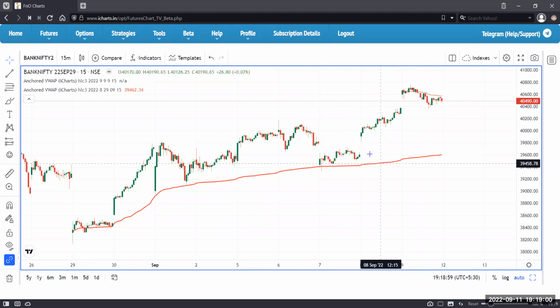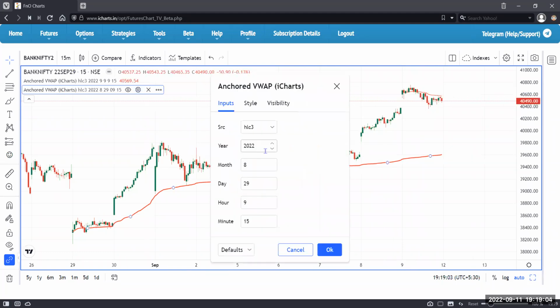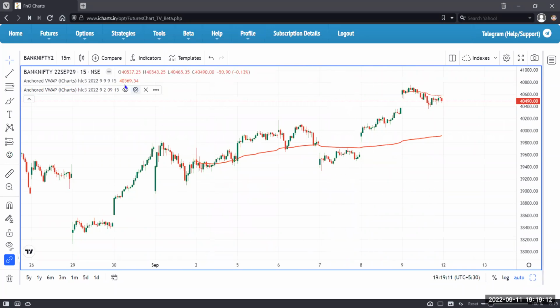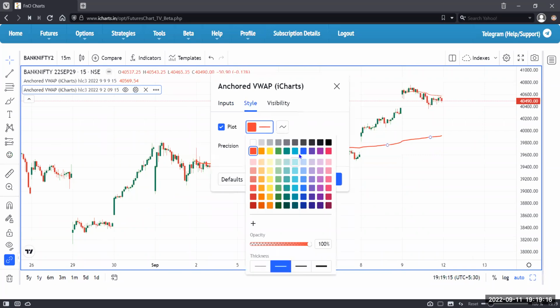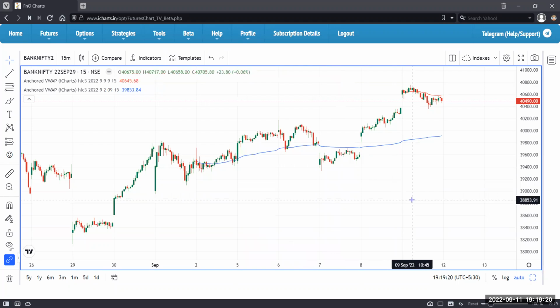Sir, one question. Yeah, tell me. Your chart is saying that it is trailing under AVWAP, and your OI is saying that Bank Nifty is bullish, right? There is a difference. No, I didn't get you.